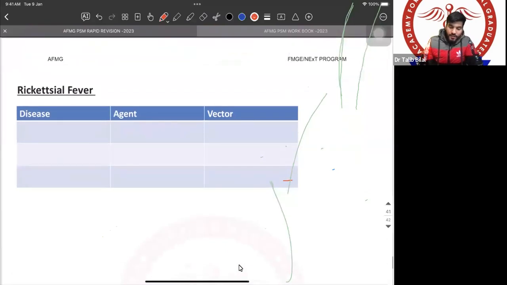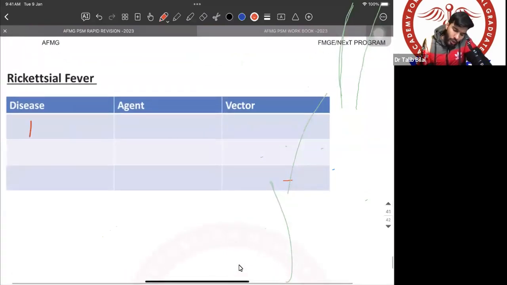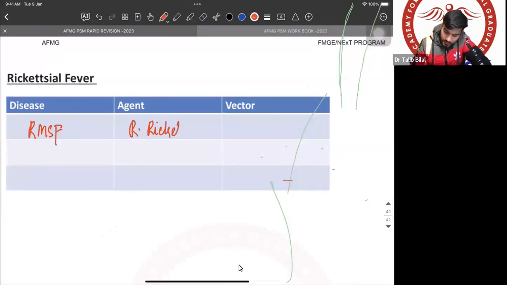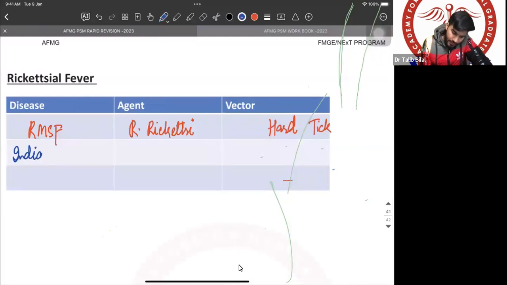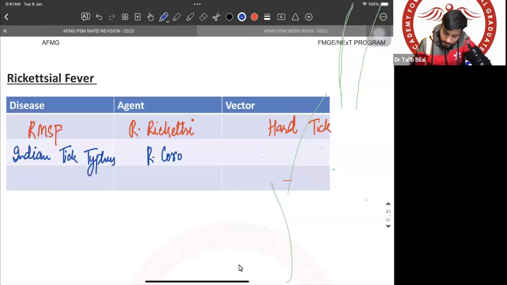And then we have rickettsial fever. We have three. We have Rocky Mountain Spotted Fever. What is the agent, guys? Rickettsia rickettsii, and vector is hard tick. If I talk about Indian tick typhus, we have Rickettsia conorii, and the vector is hard tick.